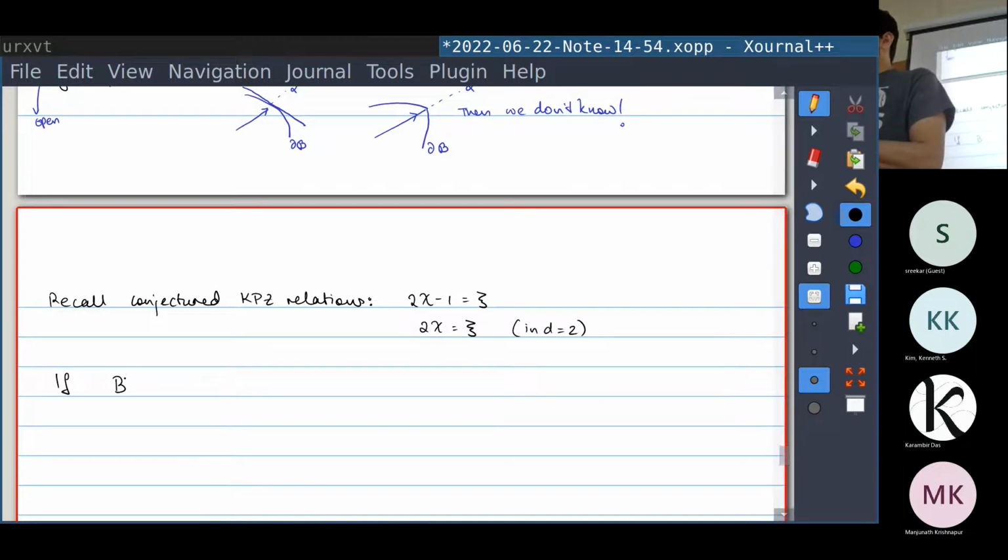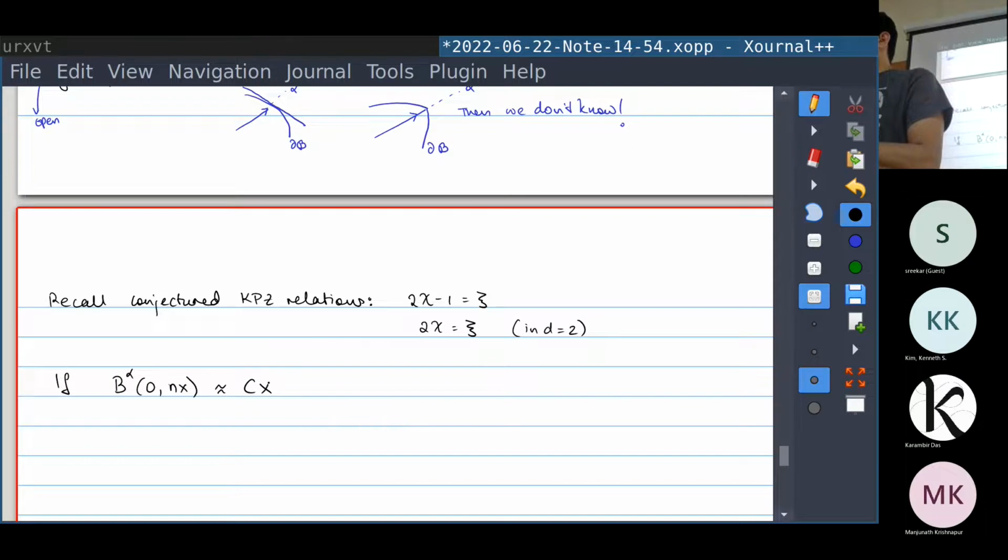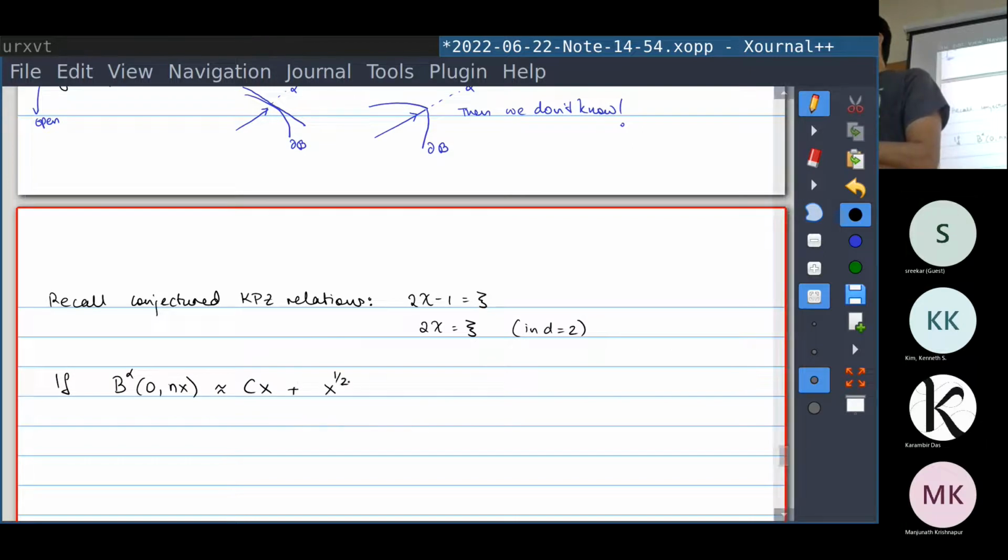If B alpha(0, n x) goes like some constant times x plus random fluctuations that are like this, sigma Z diffuser, then this is supposed to hold.